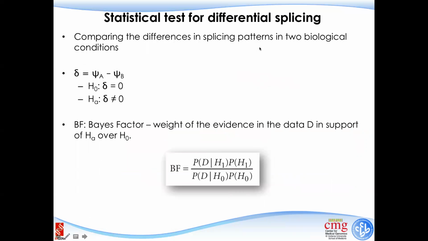The purpose is to test the differences in splicing patterns of the splicing event rather than isoforms between biological conditions, like whether the PSI of condition A minus PSI of condition B is significantly different from 0. With the Bayes factor, we can use a likelihood ratio test to test this.